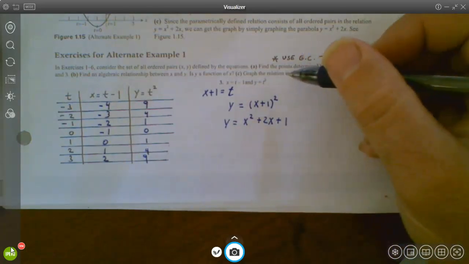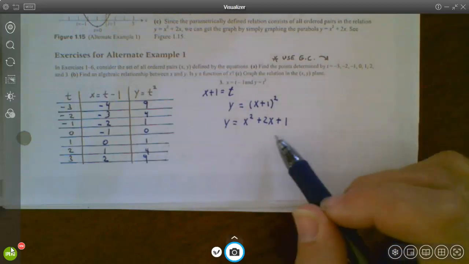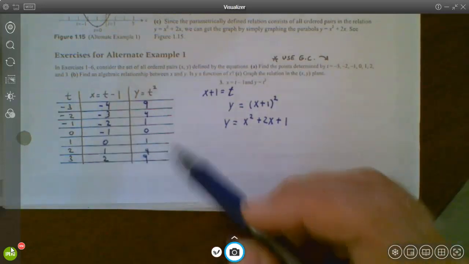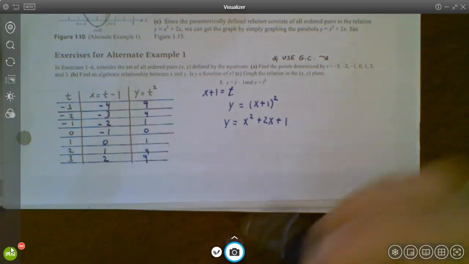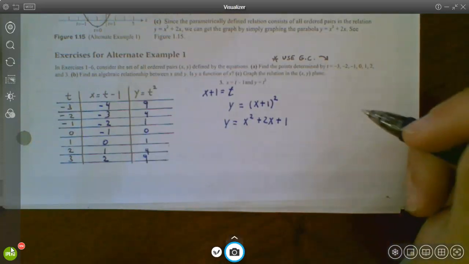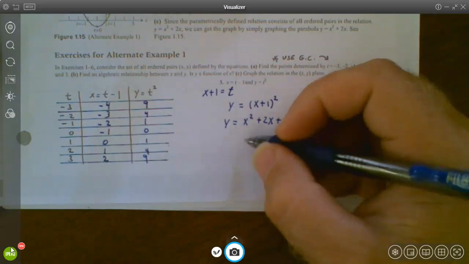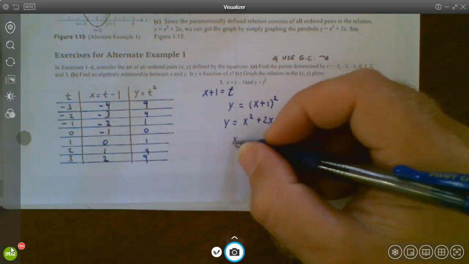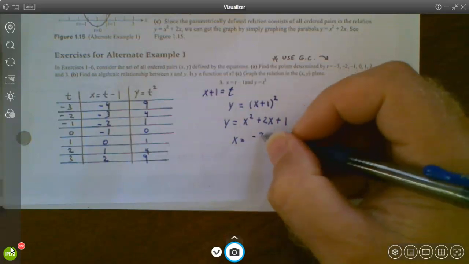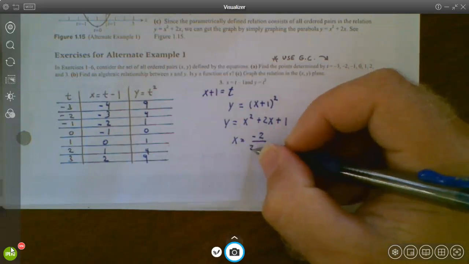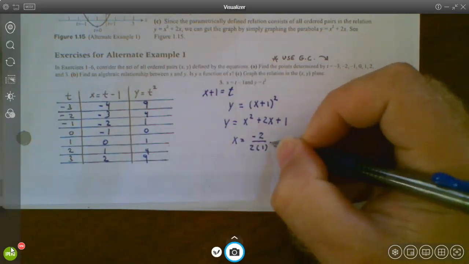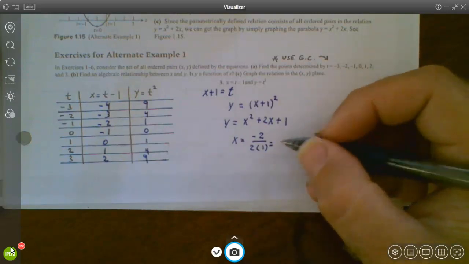And now it would be easier to graph probably from here rather than trying to plot a bunch of data points. A couple ways we could do this. We could do this by hand. Remember, we can always find the x coordinate of our vertex by doing -b over 2a. This is something you guys have learned in the past.